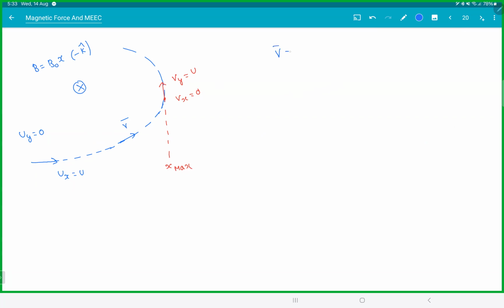So V bar at any instant is Vx i cap plus Vy j cap, and U square is Vx square plus Vy square. Since work done by magnetic field is 0, speed remains constant. So initially Ux is u, finally Vx is 0.